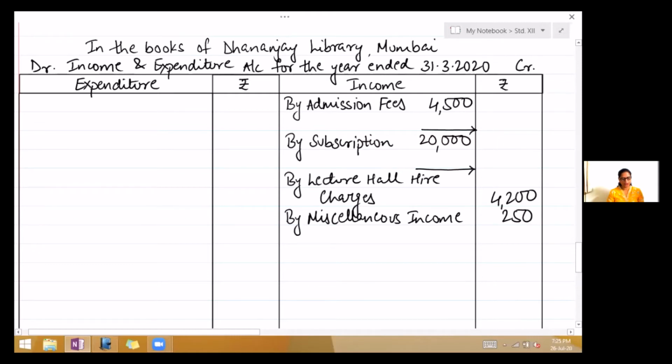And you've got interest on investment. So write by interest on investment. Now this has an adjustment, so you will write it in the inner column, 900. Leave a line for adjustment.